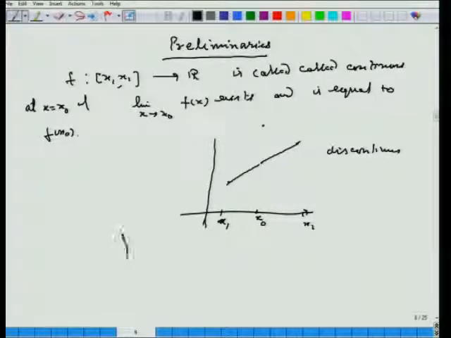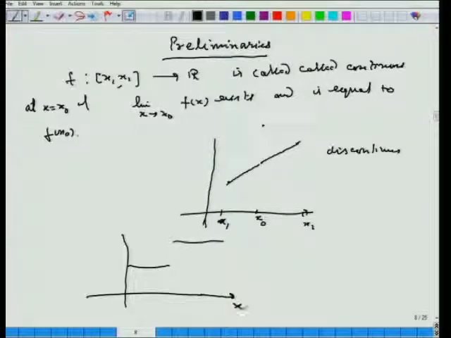Again, the other example is, suppose the function is 1 here and from this point onwards 2 here. So f(x) equal to 1 for 0 less than x less than 1, and it is 2 for 1 less than or equal to x, up to 2, that is 1 to 2.